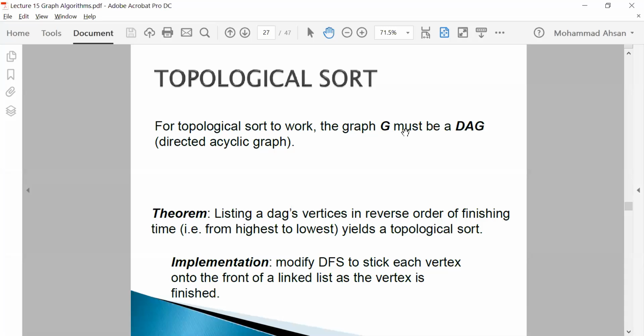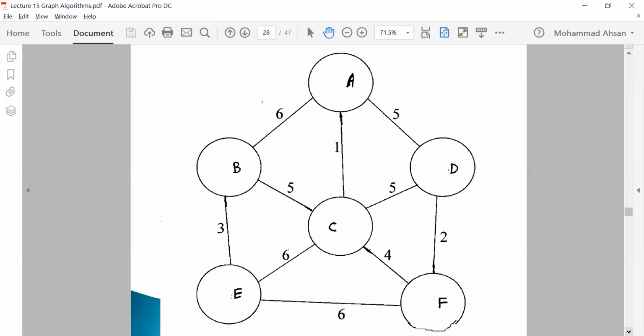Okay, so let this be an example graph on which we have to perform a topological sort. Okay, not a depth first search, topological sort. So we will start here from A, just performing a depth first search.